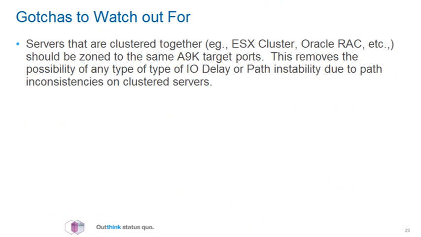So what we're really saying there is, if you're using a cluster of any type, remember that the storage environment has to look the same to all the systems that participate in that cluster. If they don't, you're going to run the risk of performance or instability due to those differences.